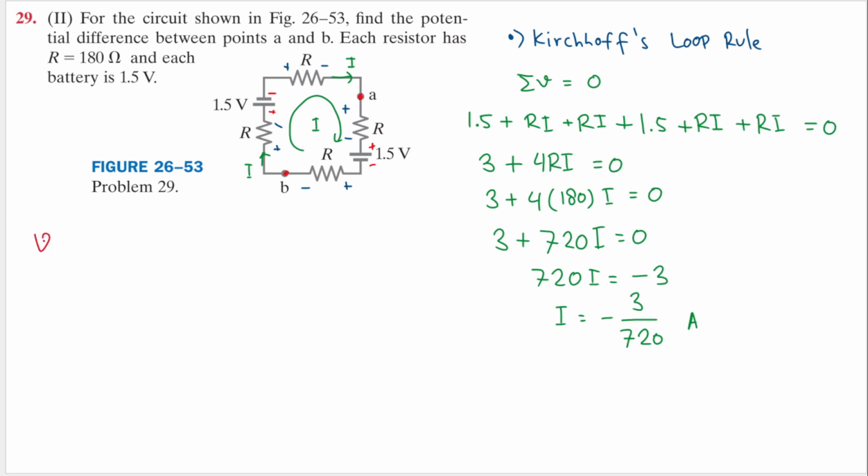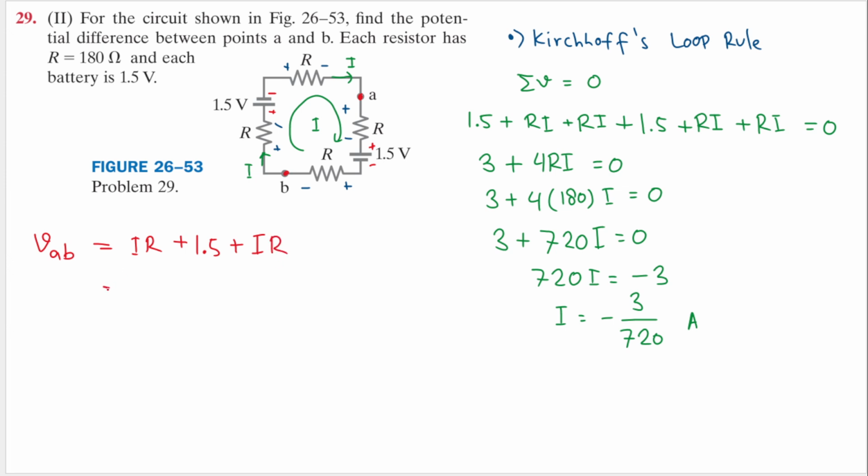So we are looking for the voltage between A and B. Okay, we start from here. Remember that we go from positive to negative. So I will have I multiplied by the resistance. Okay, and then plus 1.5 volt, and then another plus I multiplied by the resistance.